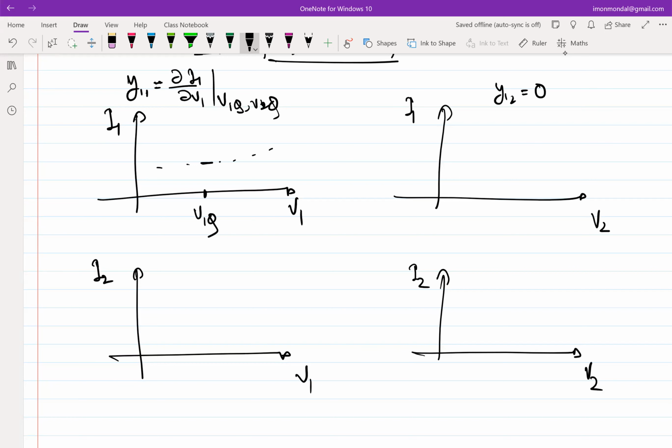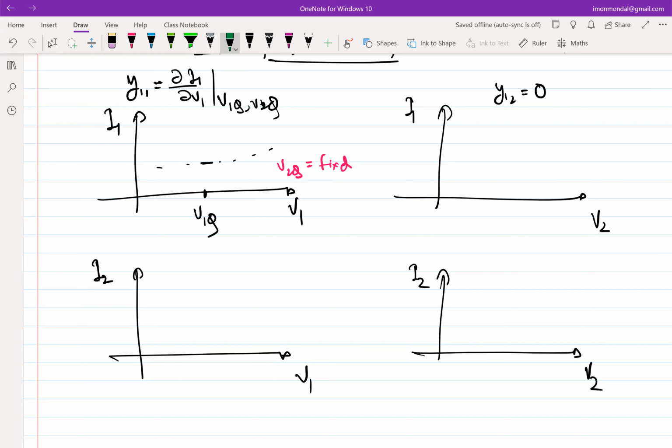Okay, let me take a step back and come to the first plot again. This first plot is under the condition that V2Q is fixed, correct? So when I am taking the partial derivative ∂I1/∂V1, I'm assuming that V2Q is fixed, right? If V2Q changes for the same V1Q, I can have a different set of curves, right?